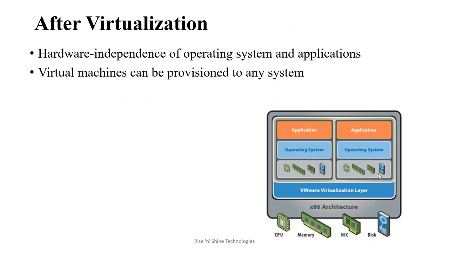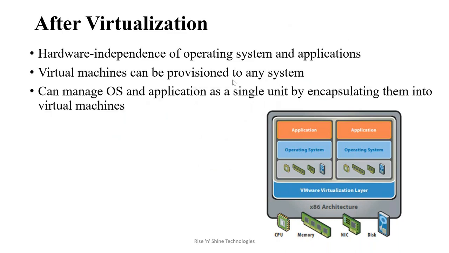Hardware independence of the operating system and applications. Virtual machines can be provisioned to any system, and you can manage the OS and application as a single unit. If you observe here, the application, its related OS, and the hardware resources that OS requires have been isolated and encapsulated together. Here is a separate OS for your application, and here is a separate OS for another application.